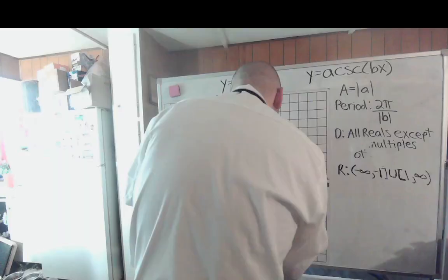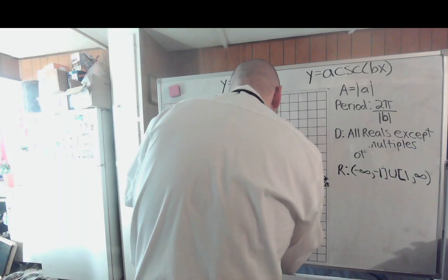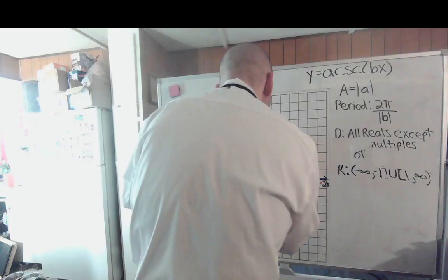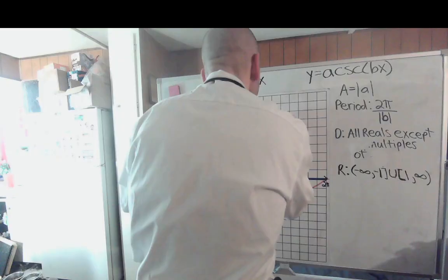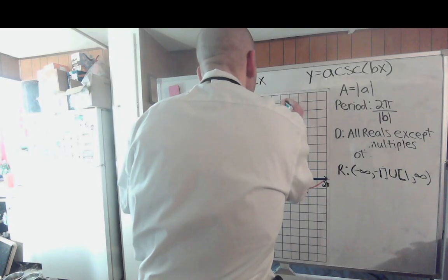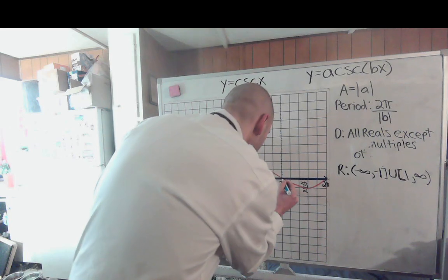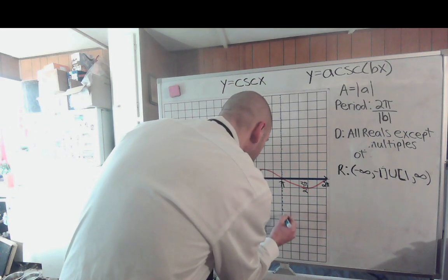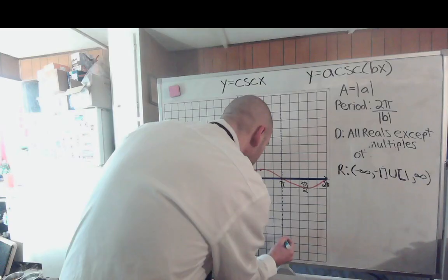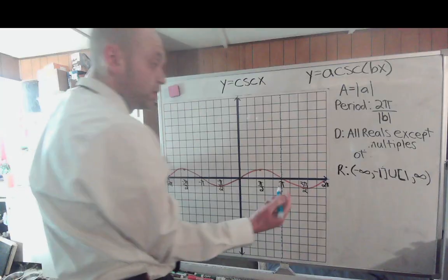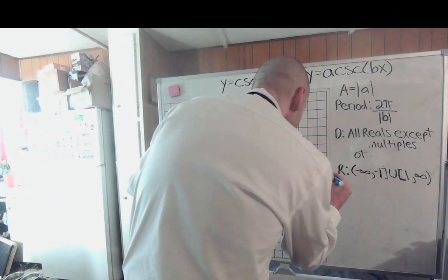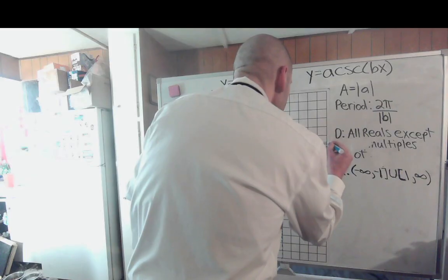So at pi, you're going to have an asymptote. Let's go ahead and plot that asymptote at pi. And then again at 2 pi, you would get 1 over 0, so you have another asymptote at x equals 2 pi.